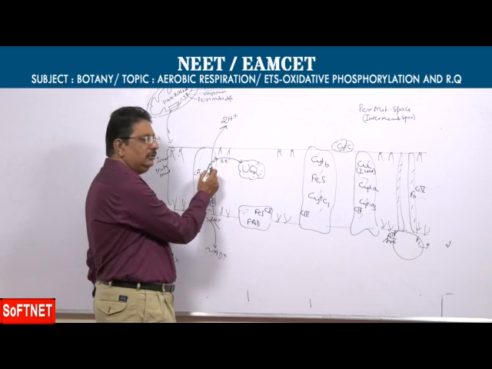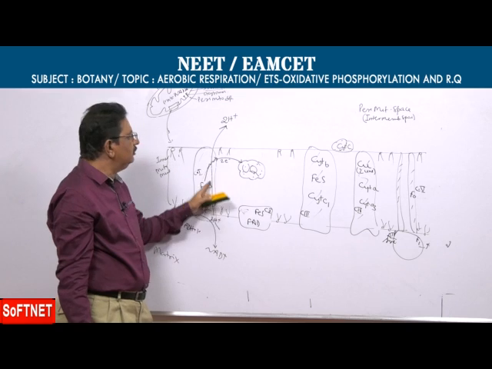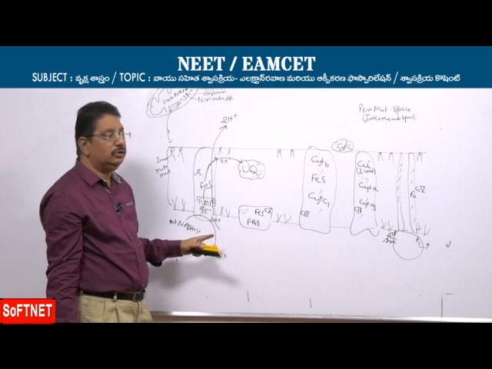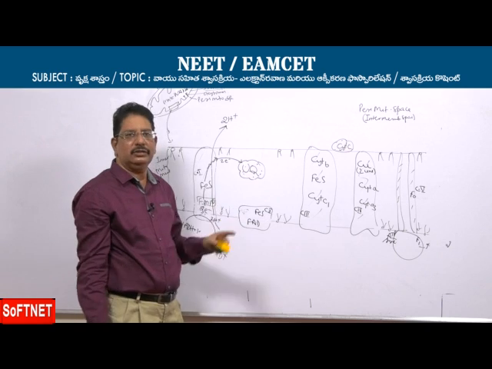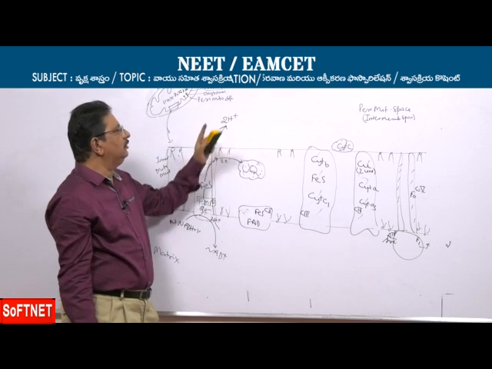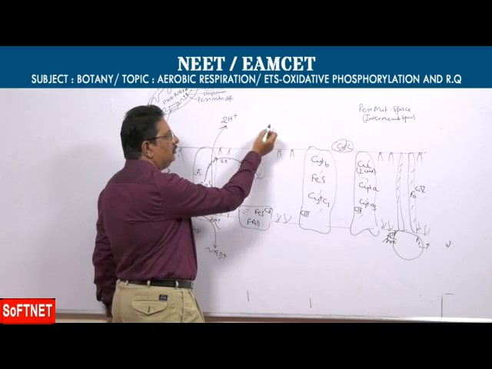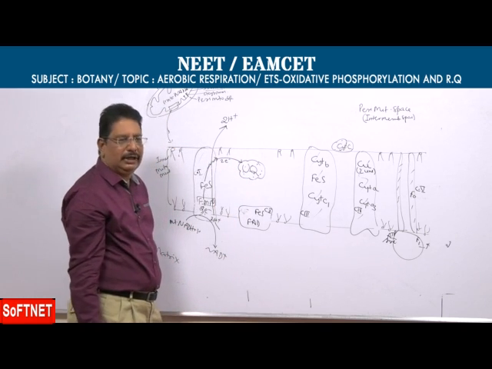So, there is a coupling of downhill electron transfer with uphill proton translocation. So, it is an exergonic process. Energy is released, which is utilized for the proton pump. So, two protons are added to the intermembrane space for a pair of electron transfer.